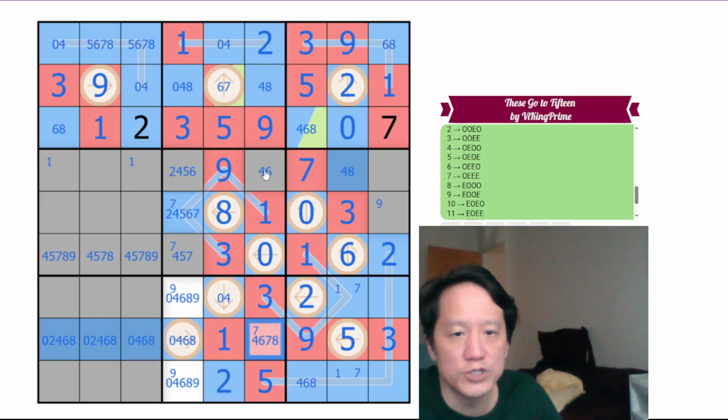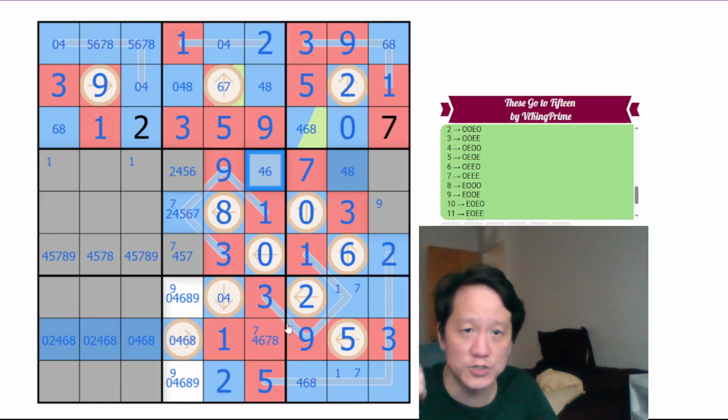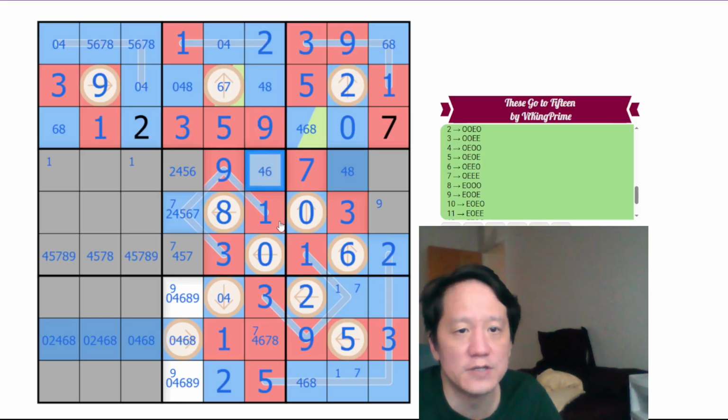We don't know which of these is Schrodinger, though. This has to be even, though, because 4 and 6, if it's Schrodinger, adds up to an even sum. If it's not Schrodinger, it's obviously a single digit. We have 4 evens in box 5, so we don't have anything yet. One of these two is Schrodinger.